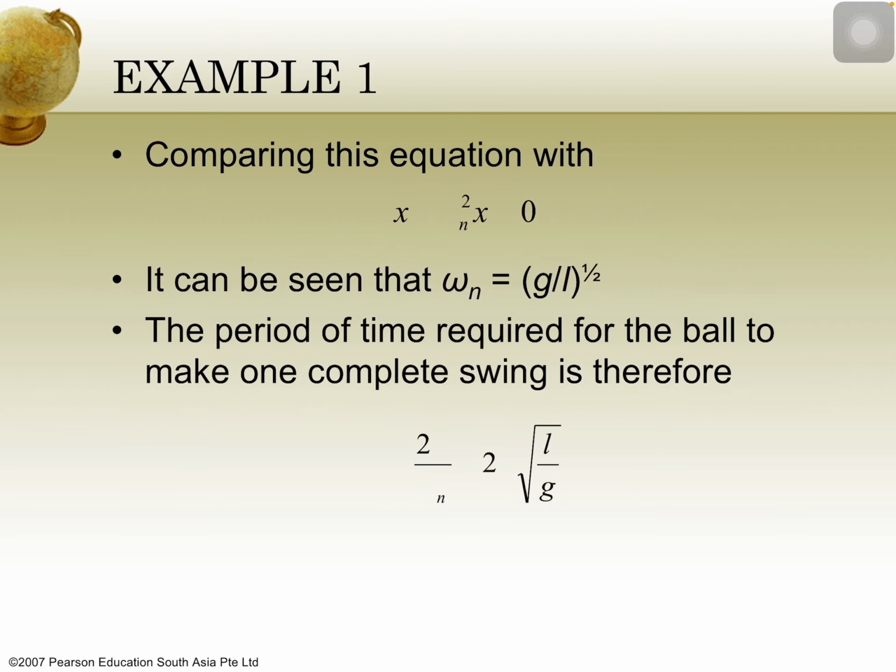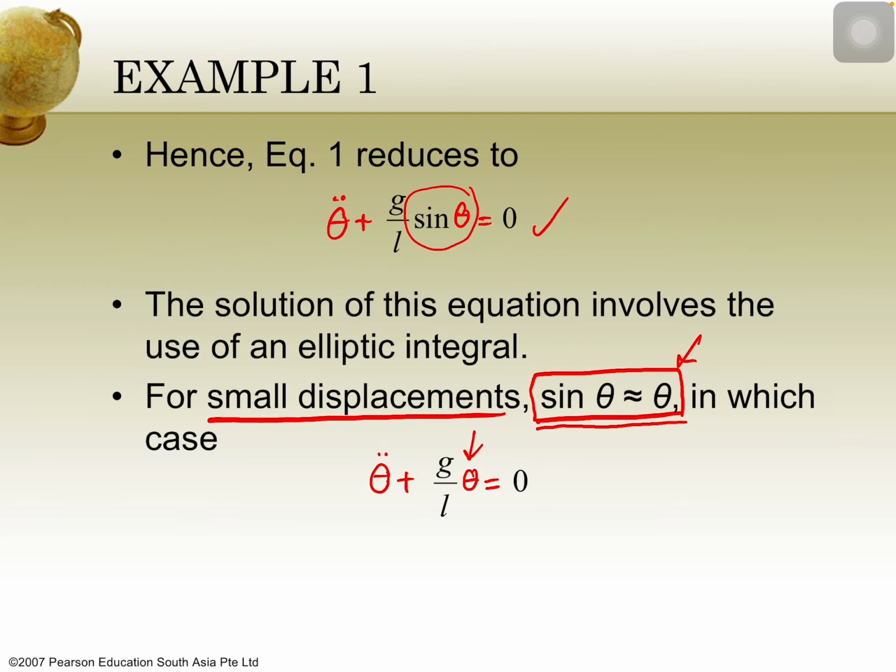Now we can compare this equation with the standard equation, which is this one. So we replace the x with theta. So theta double dot plus omega n square theta equals 0.